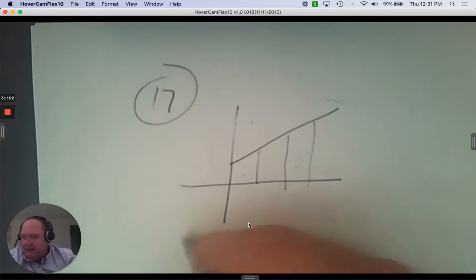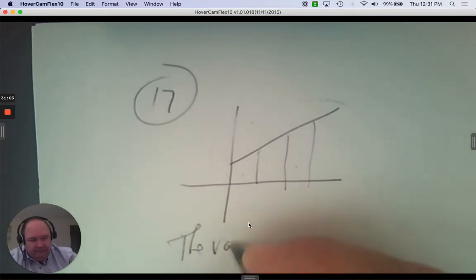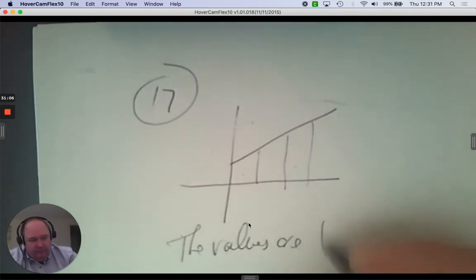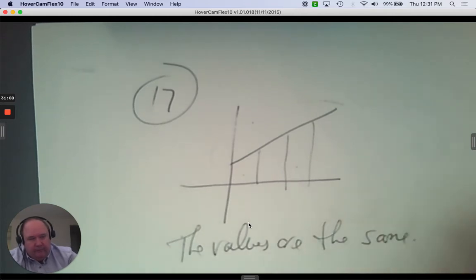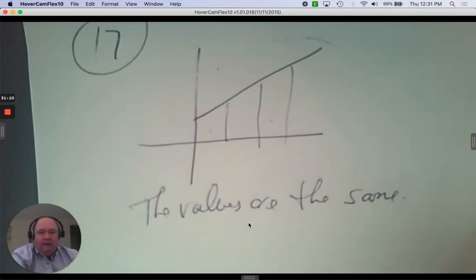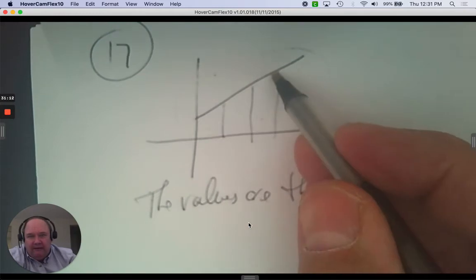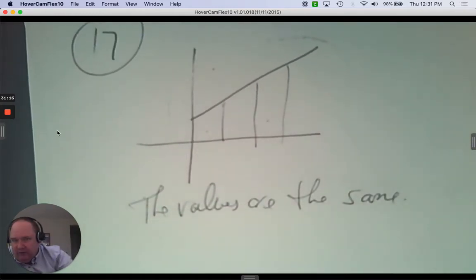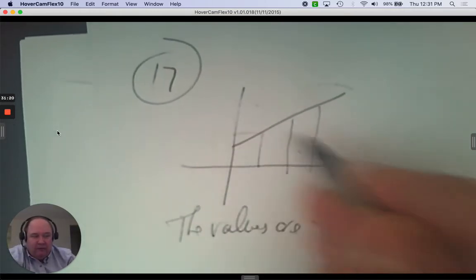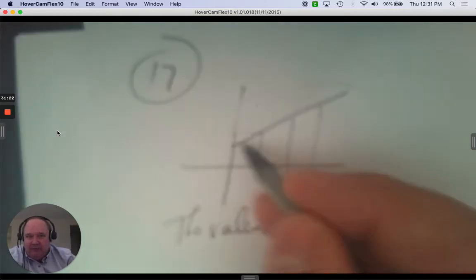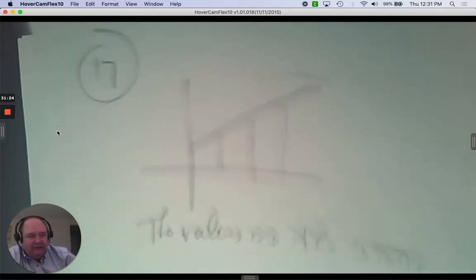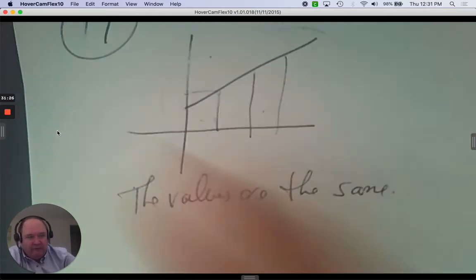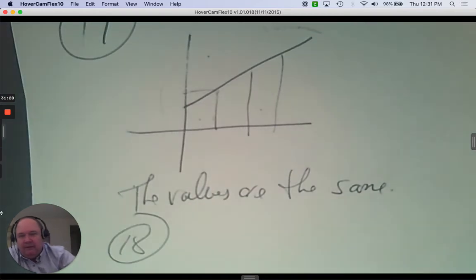So if there was no concavity, the trapezoid gives you the exact answer. It's not over, it's not under, it's exact. If these were rectangles, it would be different, but for a trapezoid with no concavity, it's the exact answer. Number 18.